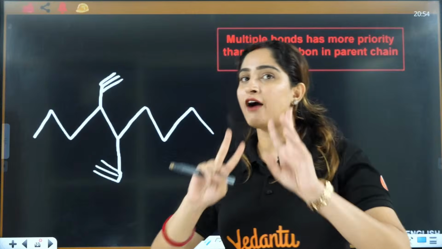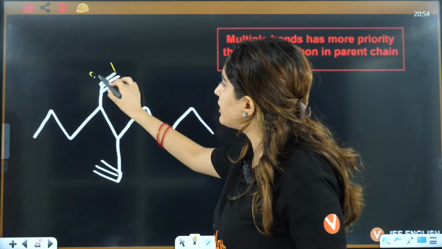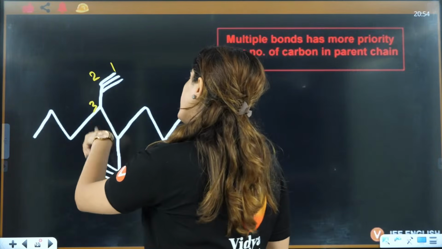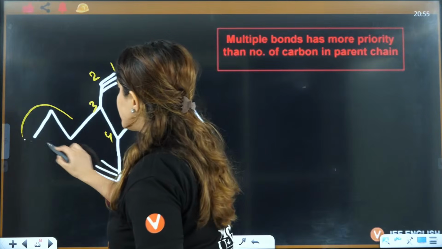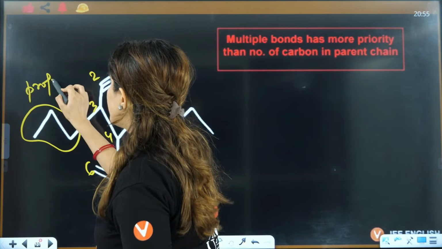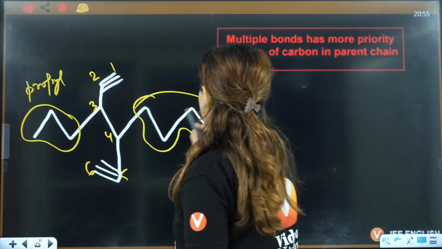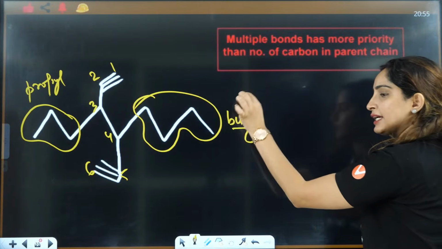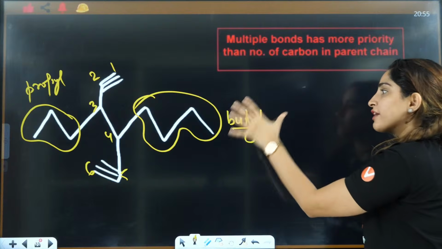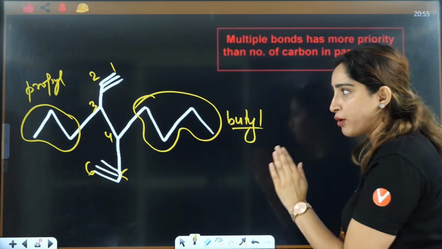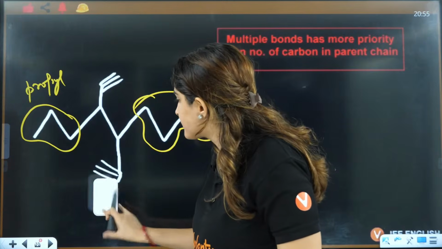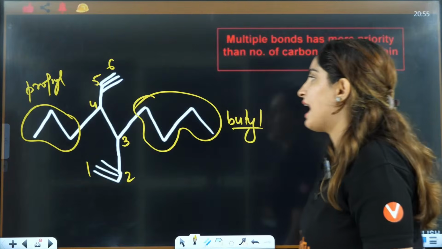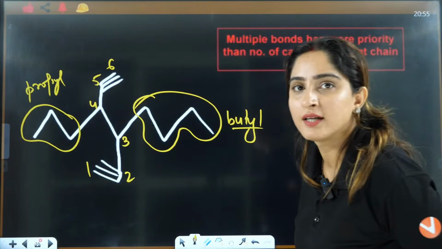So now you will have 2 options here. Either you can have 1, 2, 3, 4, 5, 6. In this case, you will have the 3rd and 4th positions. On the 3rd position, you will have propyl. On the 4th position, you will have butyl. Now, because B is alphabetically on the lower side, I should give less numbering to butyl if possible. Is it possible? Yes. If I give 1, 2, 3, 4, 5, 6, I can give less numbering to butyl.